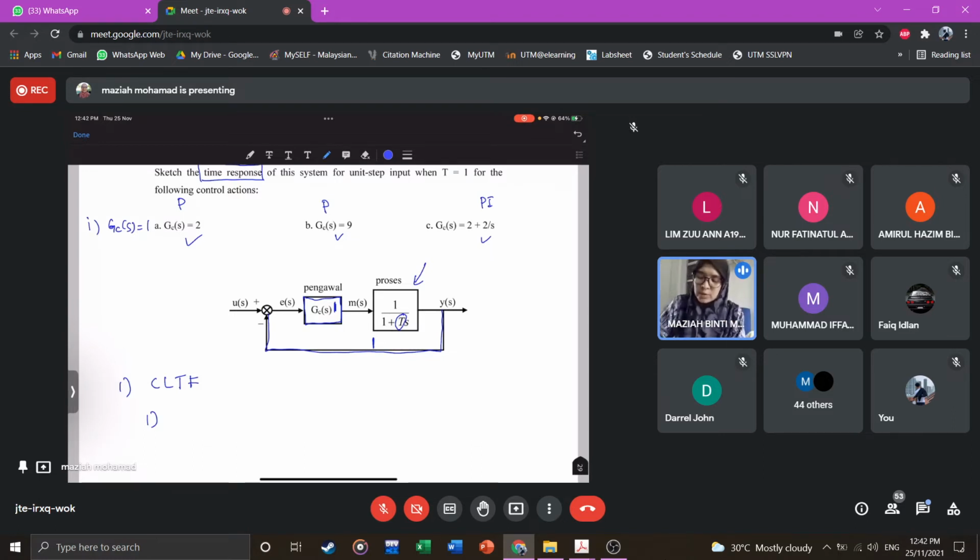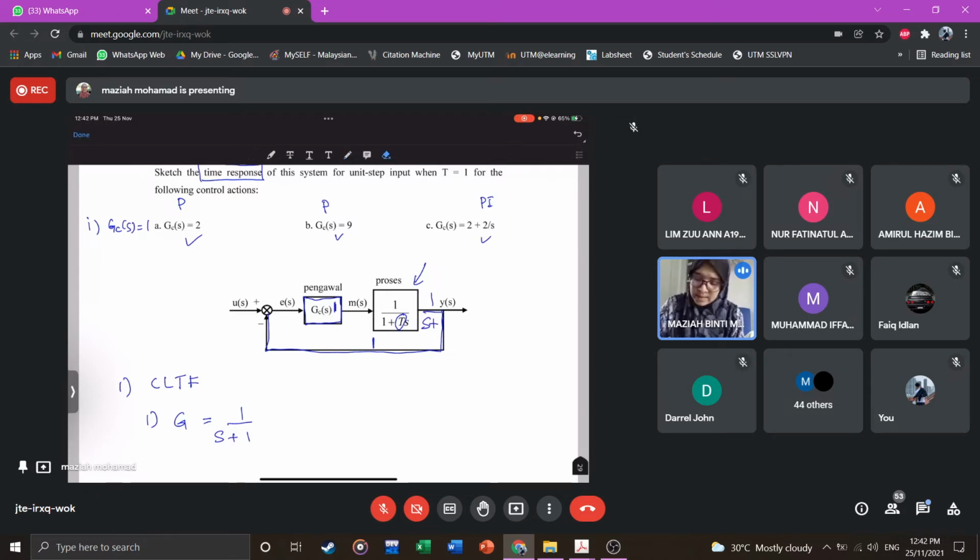So for the closed loop system, the closed loop transfer function will equal 1 over S plus 1. Sorry, 1 over S plus 2. This one becomes 1 over S plus 1.